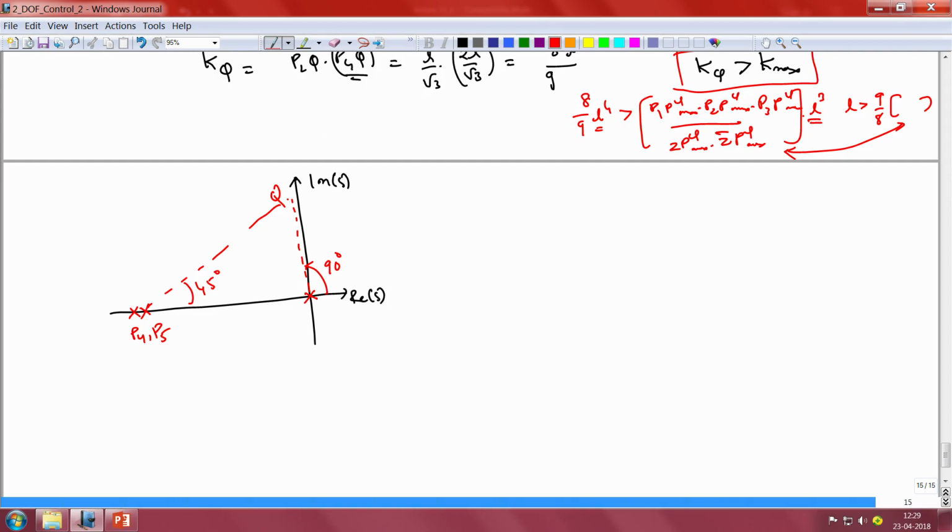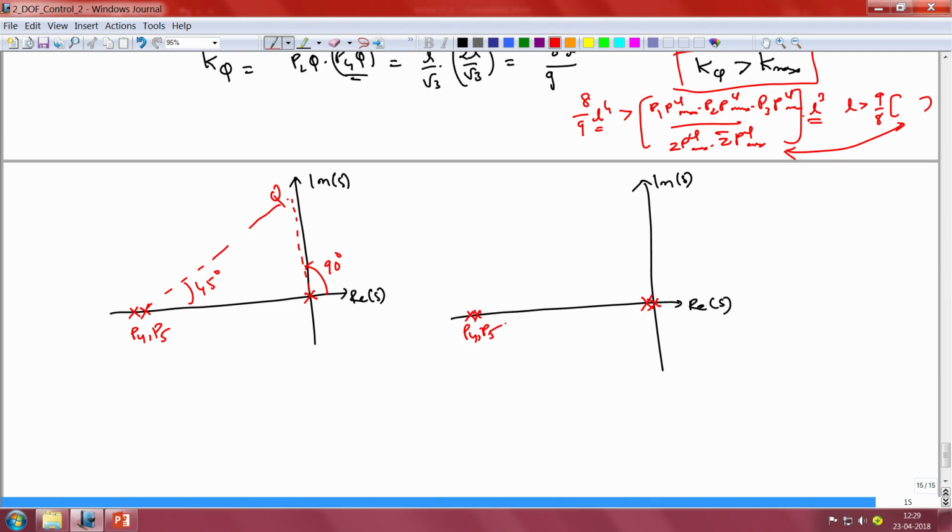But suppose instead of having a single lumped pole near the origin, we had two lumped poles near the origin. I shall redraw the complex plane in order to depict this scenario. So, we have two poles near the origin, and we also have our poles P4 and P5.